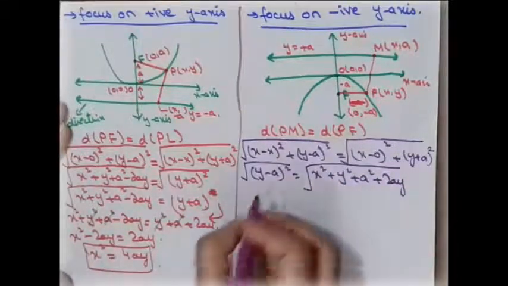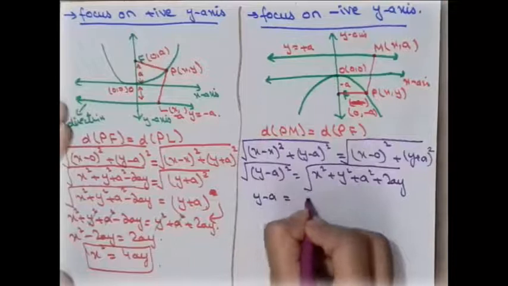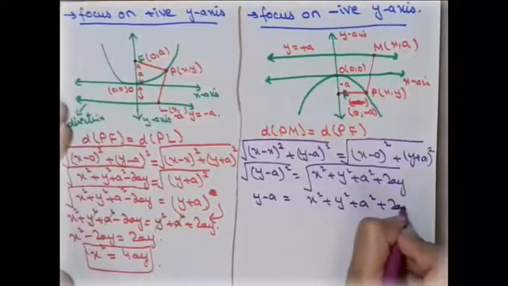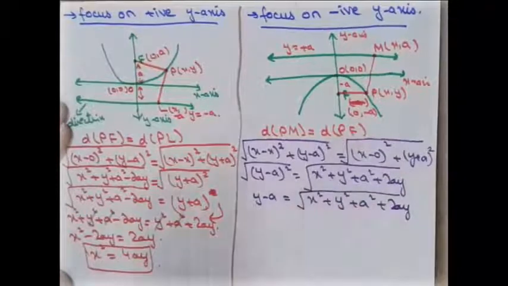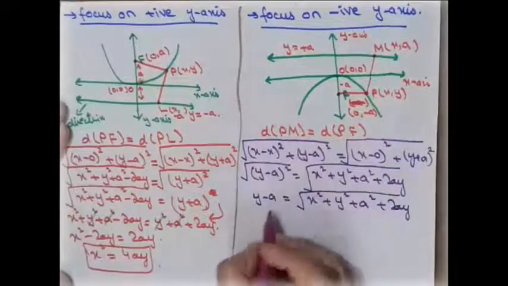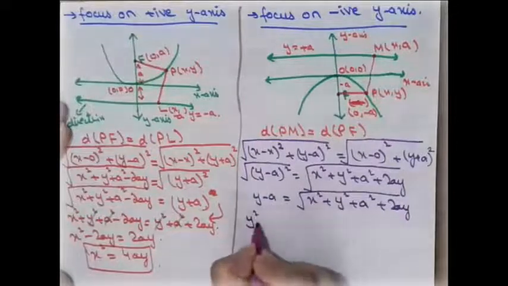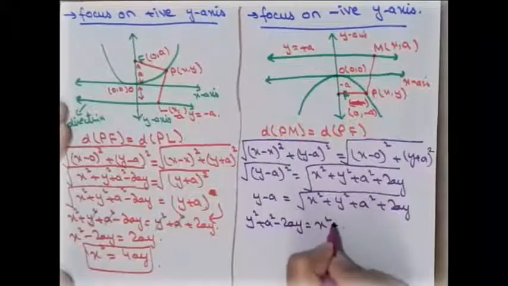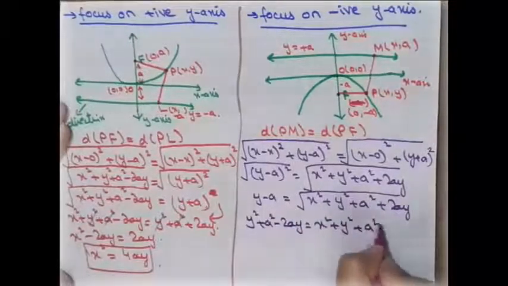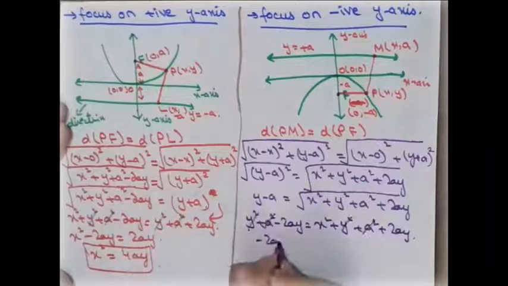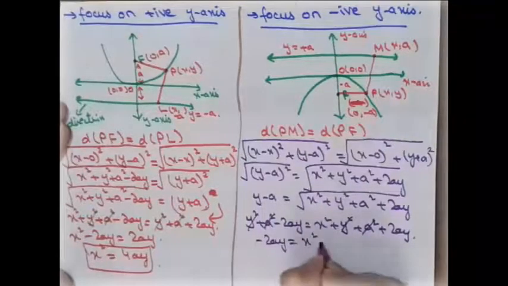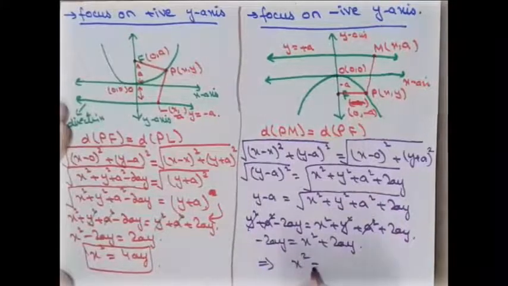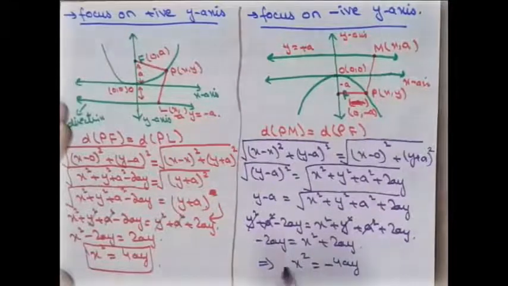The roots can be cancelled out. Taking the squares on both sides, in a direct step, minus 2ay equals x squared plus 2ay, so in the final step, x squared equals minus 4ay.